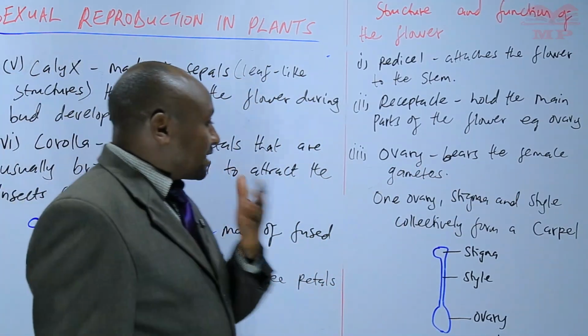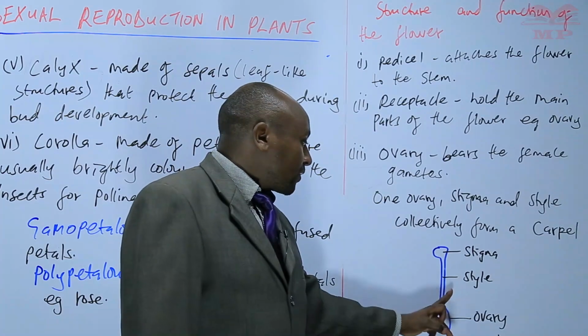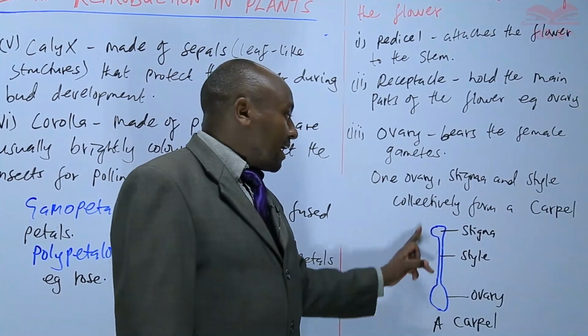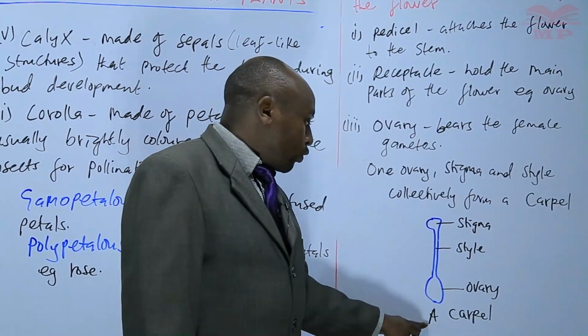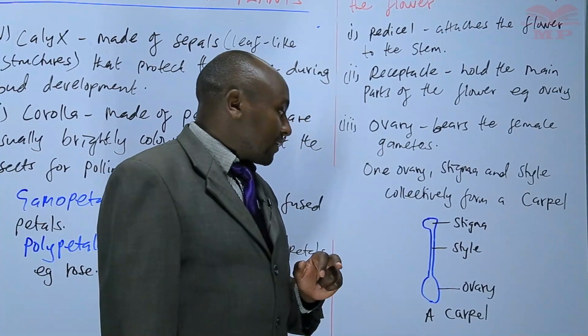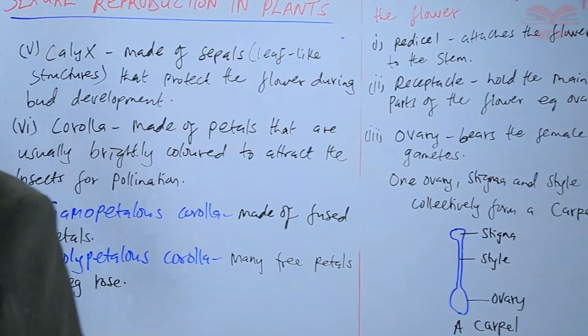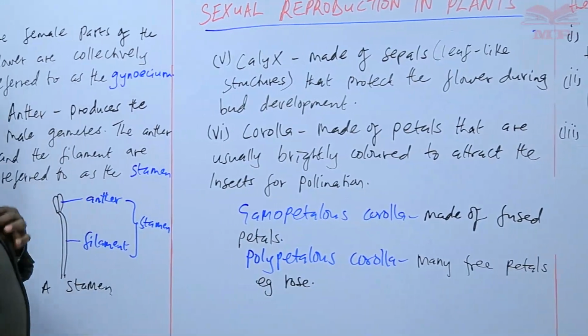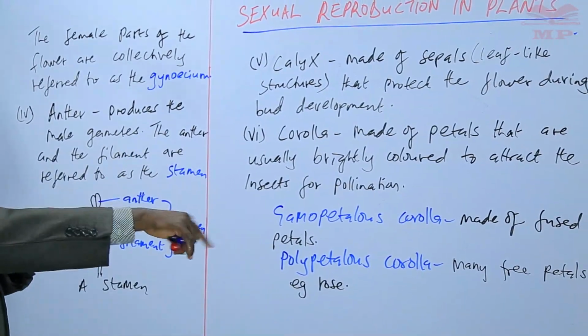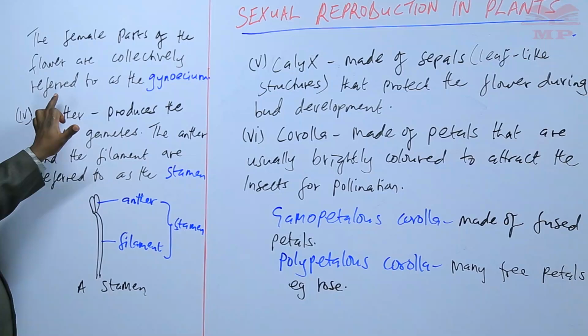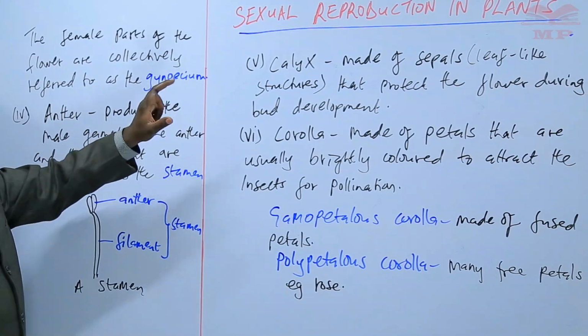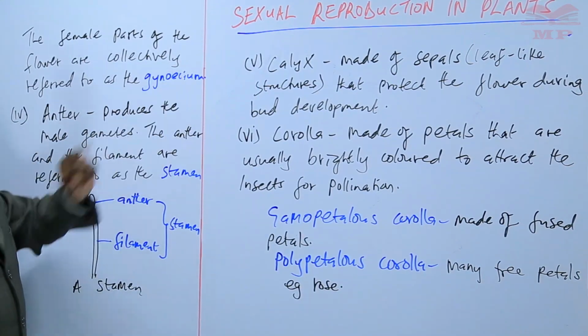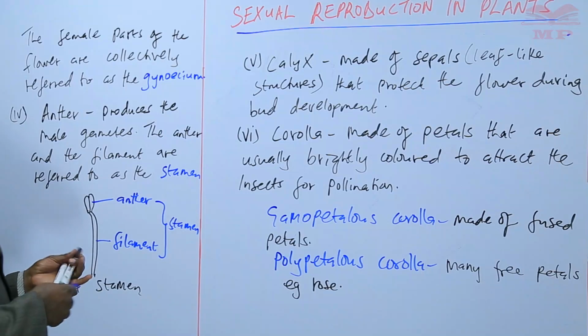And then we have said that if you take one ovary and its style and the stigma, they form what is called a carpel. And we may have a flower that has one carpel or many carpels. Now, all the female parts of the flower form what is called the gynoecium.